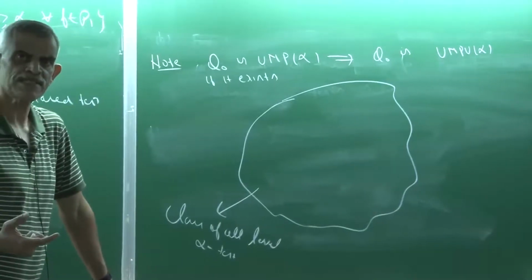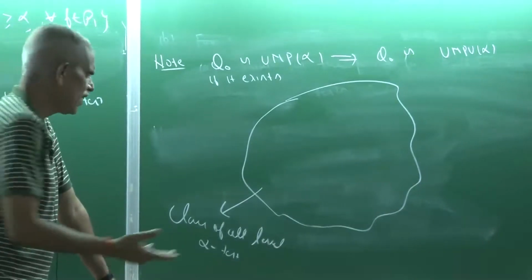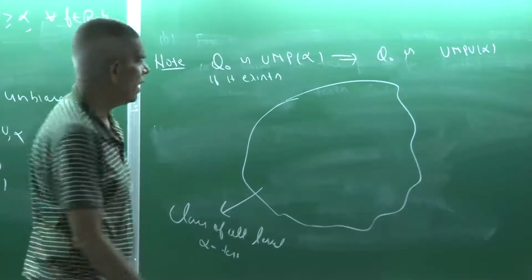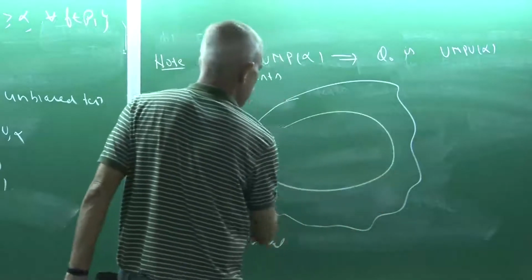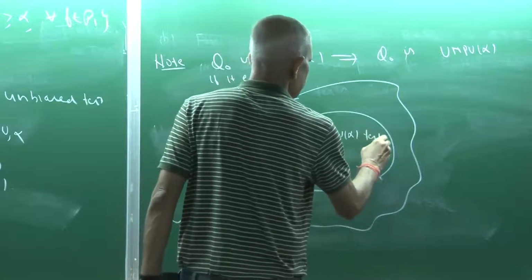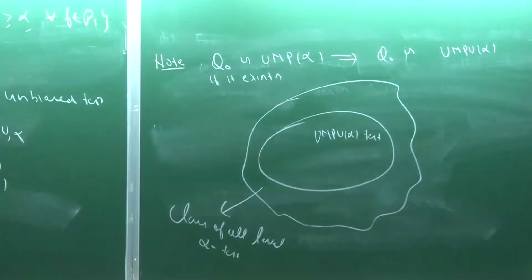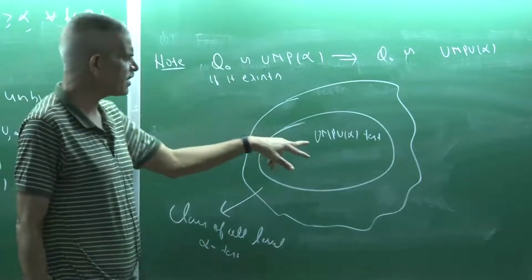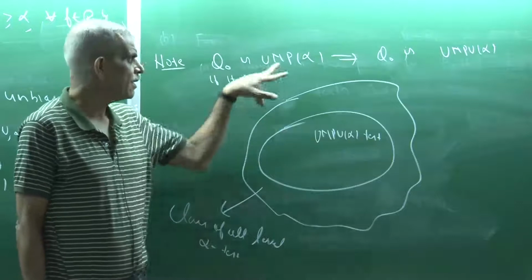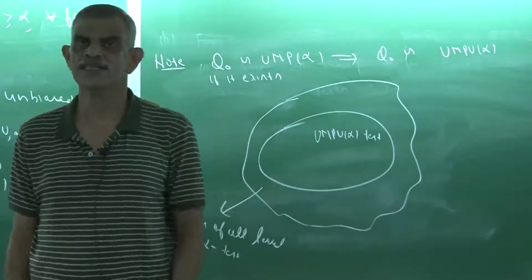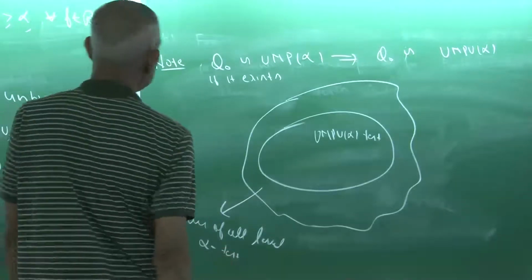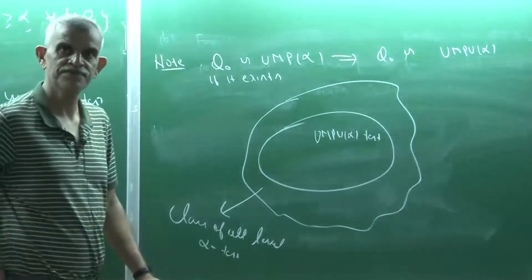What does a UMP alpha test do? It finds the best test over here, that means the one for which power is maximum. So a UMP alpha test would be a UMPU alpha test, provided any UMP alpha test is also unbiased. Can you say that any UMP alpha test is unbiased?